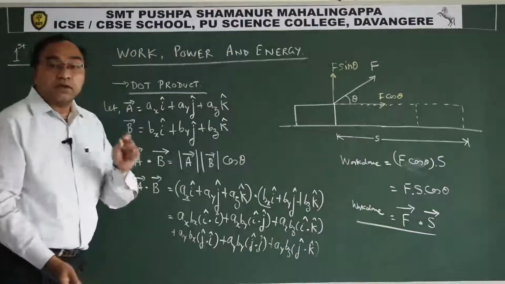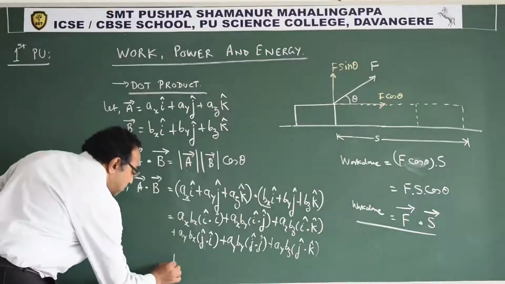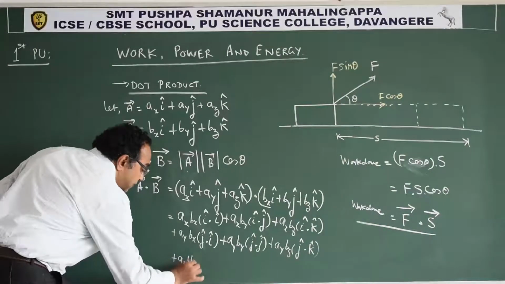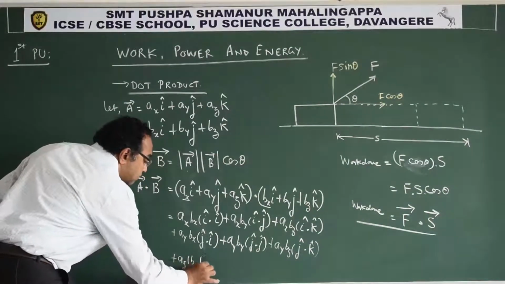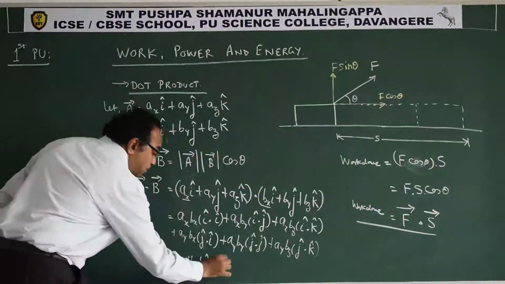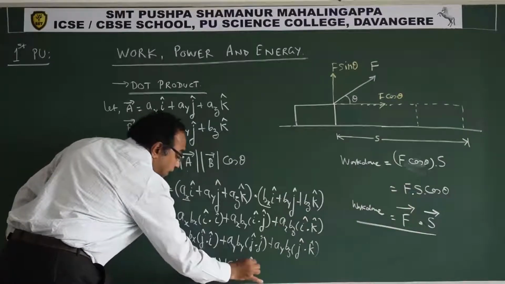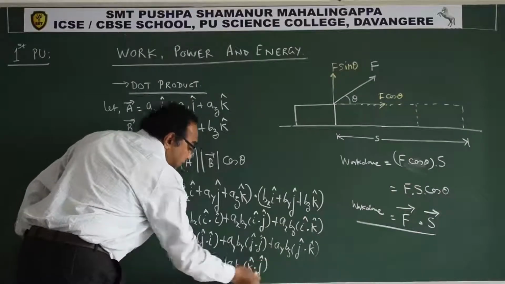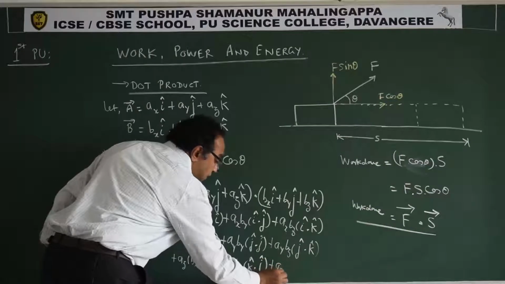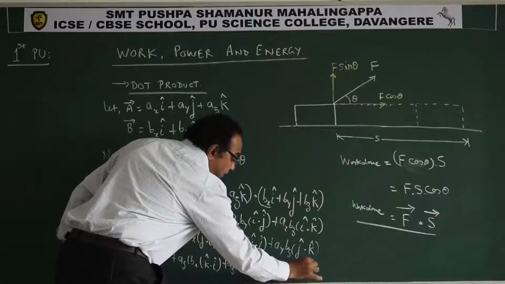Now az is also there. Plus az bx k dot i plus az by k dot j plus az bz and finally k dot k.